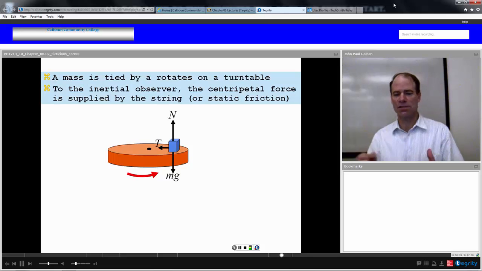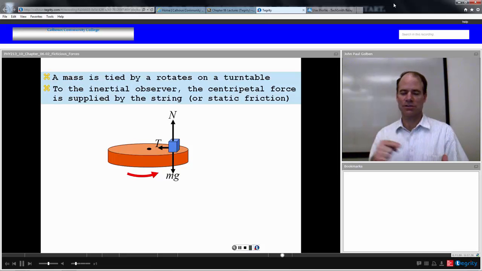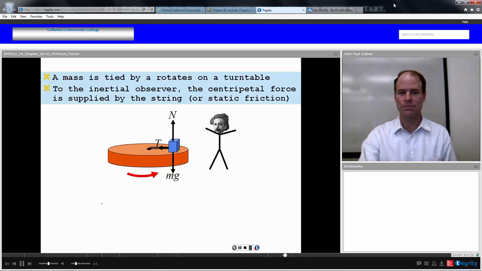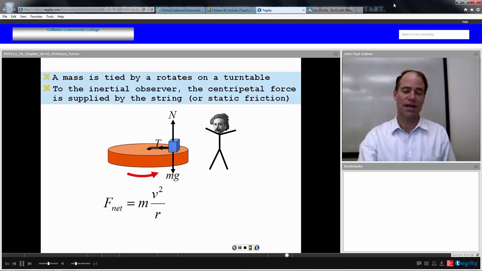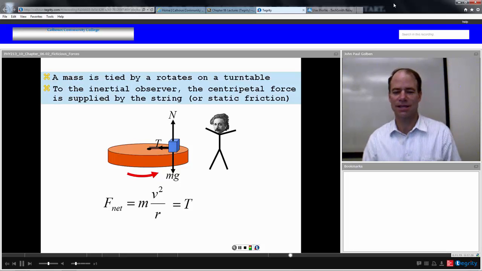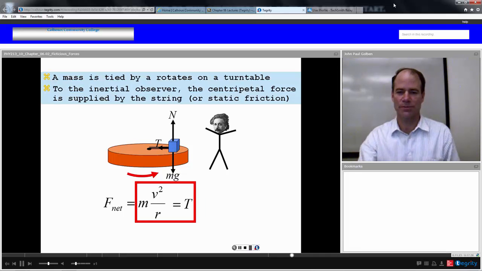So static friction is supplying the tension that will allow it to maintain itself on the turntable. So you would say that your centripetal force is that static friction, designated by T in this case, that is allowing this block to stay on the turntable.